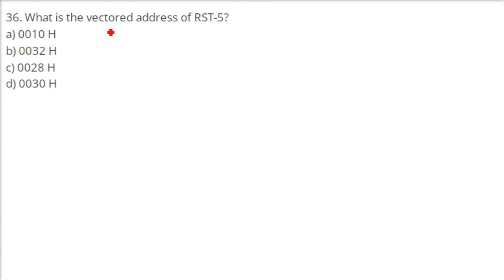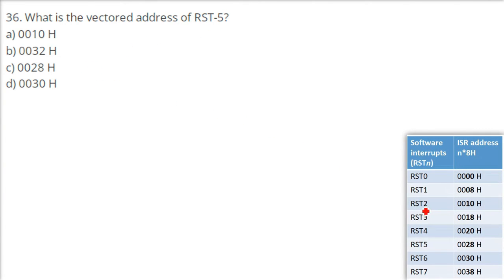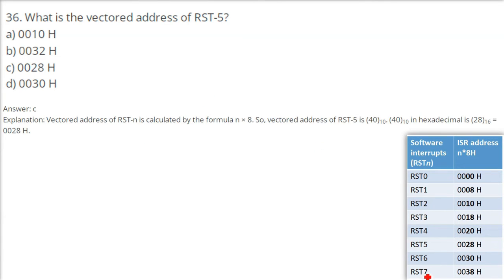What is the vectored address of RST5? These are the addresses RST 0 to RST 7, and these are all software interrupts. The answer is C, and I'll tell you how to find this because there is a proper formula.